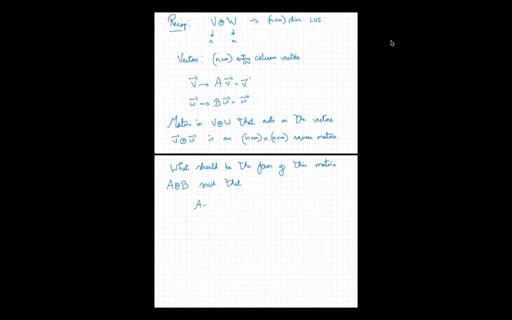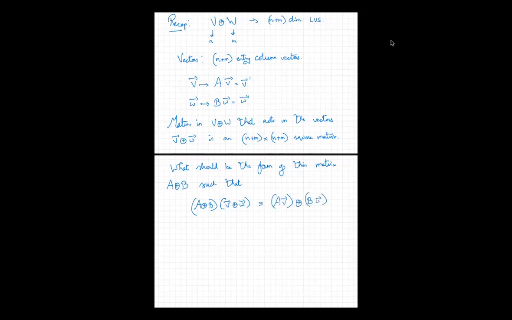A plus B acting on the direct sum of the two vectors V plus W is equivalent to simply the direct sum of the vectors AV and BW. So I want this to be equal to AV plus BW. In other words, the mapping is preserved.